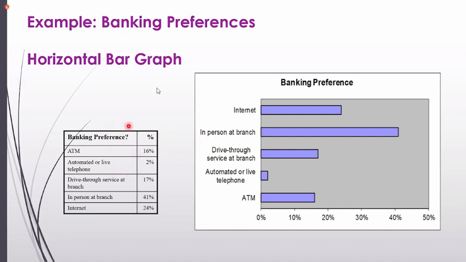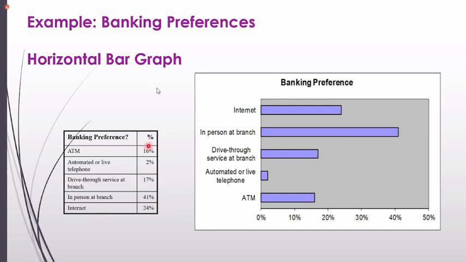A percentage frequency distribution, because 16% means 16% of the customers preferred the ATM as a banking method. 2% of the customers preferred automated or live telephone banking. 17% preferred drive-through service at branch. 41% preferred in-person at branch, and 24% preferred internet.